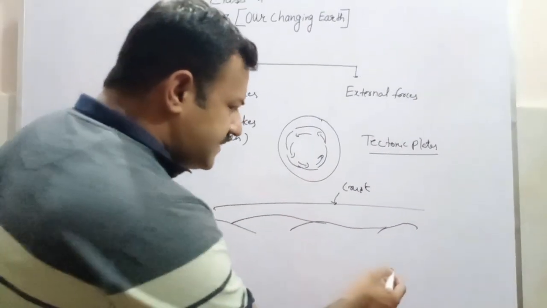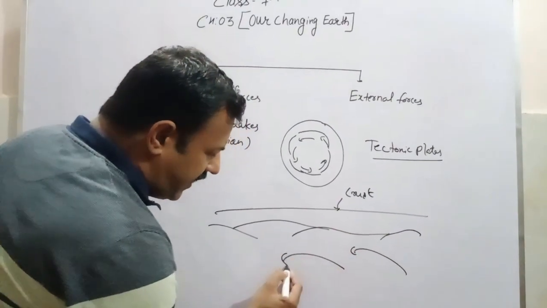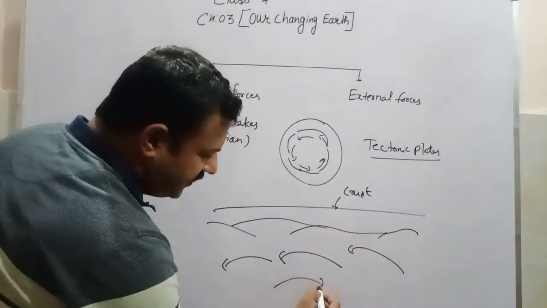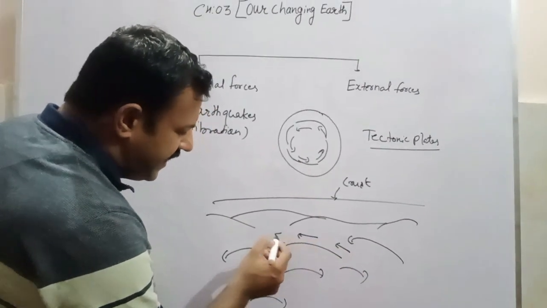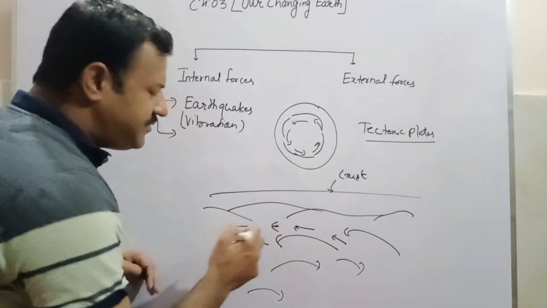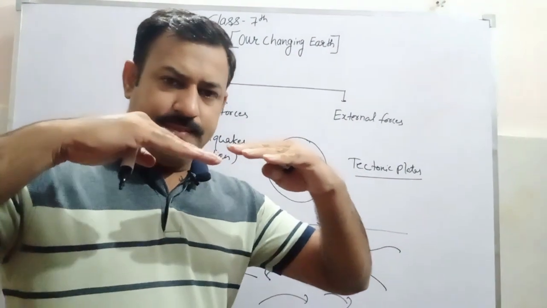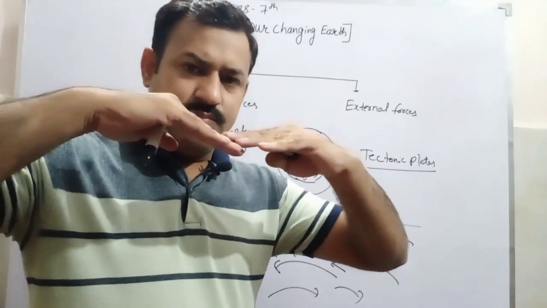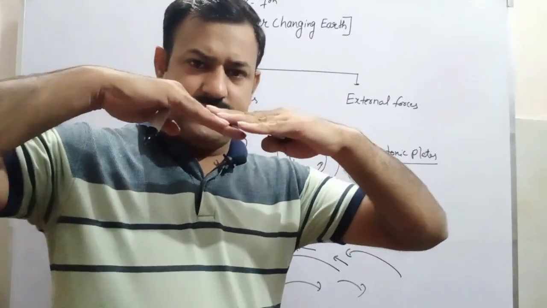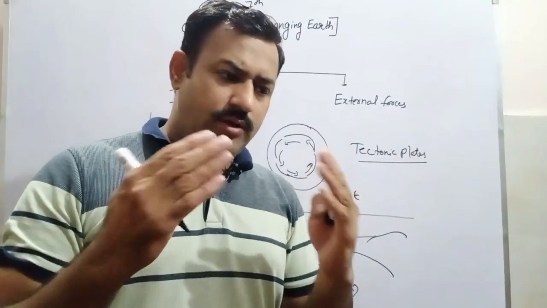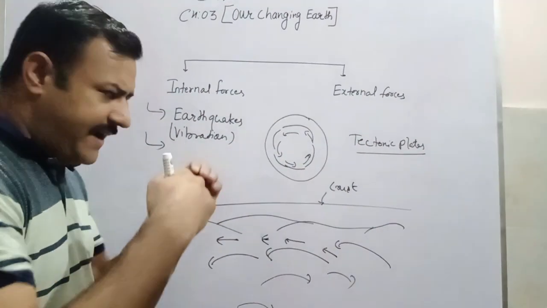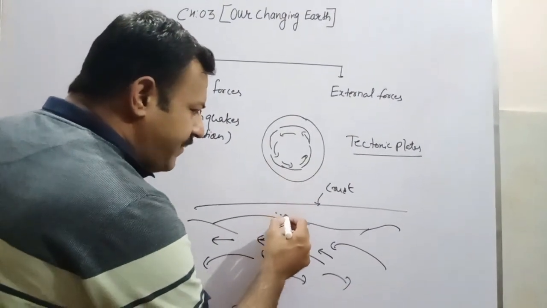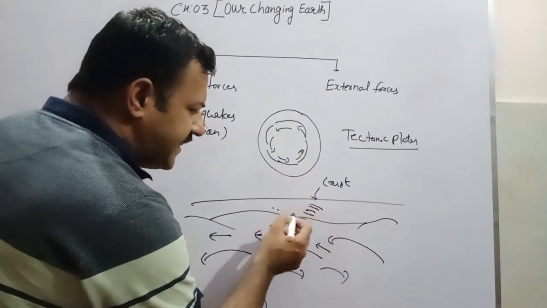These tectonic plates, just because of the movement of the lava under this, sometimes get disturbed and they may slide, they may do convergent movement like this, or maybe they do divergent movement like this. Because of the sliding of these plates, sometimes vibrations are created.